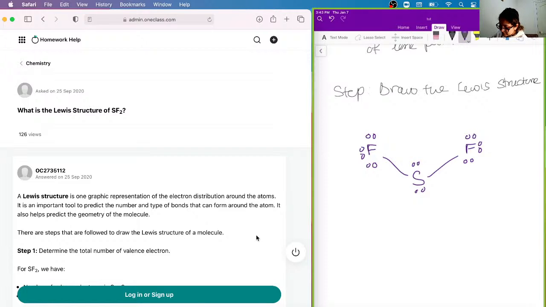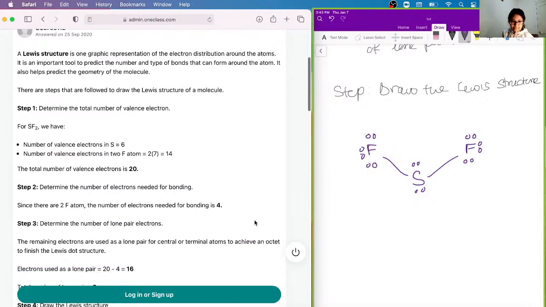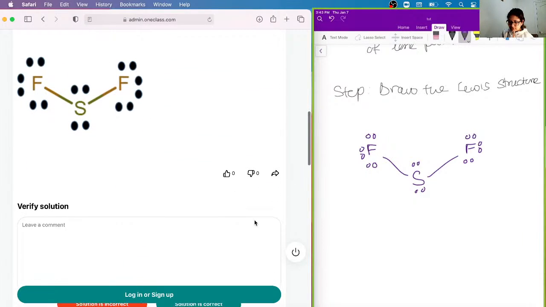You can count the number of lone pairs: we have 8 lone pairs, and 2 bonds, so 4 electrons are bonding, and that's how you have a total of 20 valence electrons. So this is correct.